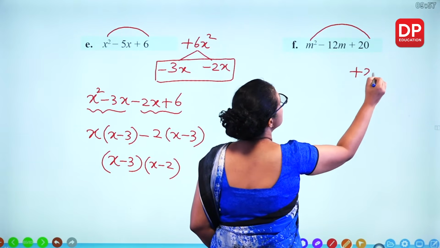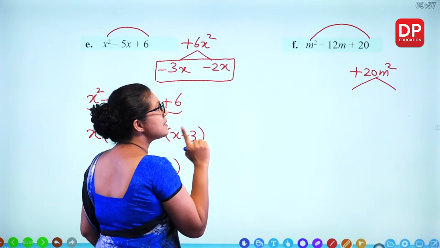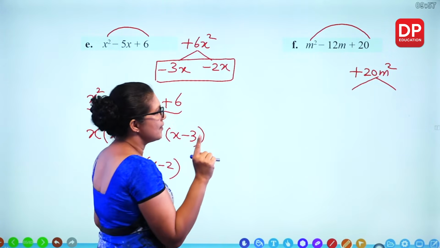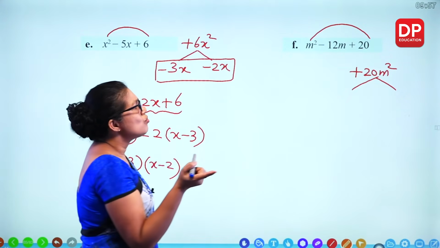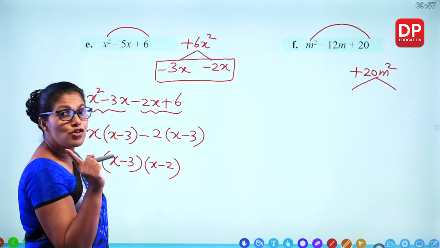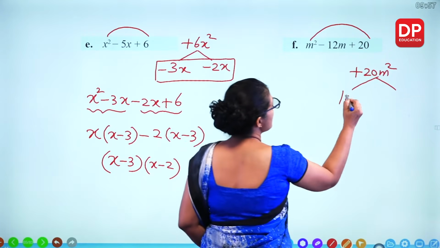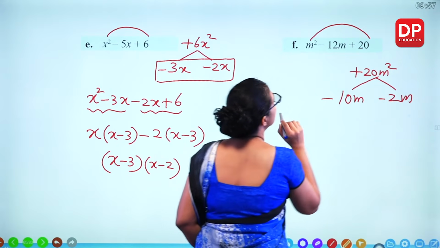So plus 20m squared. Factors of plus 20, but the middle term is negative, means both negative. What are the factors? 10 and 2, 4 and 5. You are not getting it with 4 and 5. 10 and 2, both negative, you get 12.